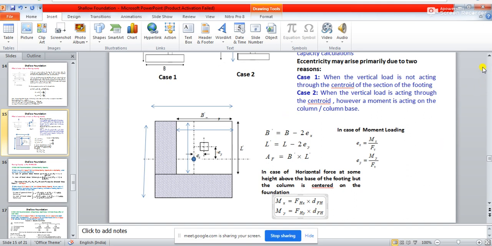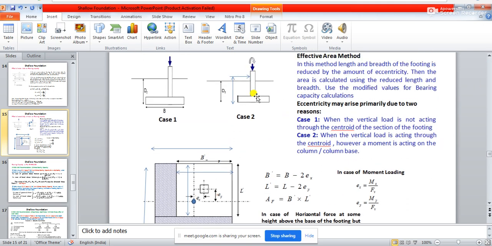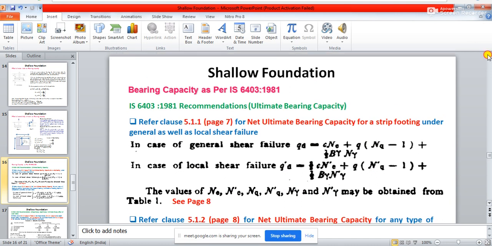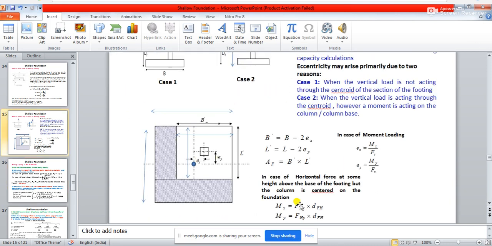And DFH is nothing but this arrow, whatever I am showing, and this arrow, sorry, this is actually your FHX or FHY.